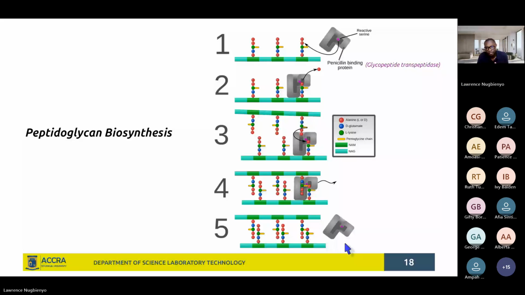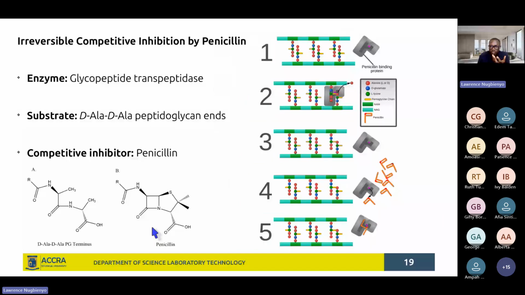Now, you see, penicillin is now being shown. You know, this orange, sort of as if it is 6 or 9. Let's say it's 9. Being shown as penicillin, which comes into the process to inhibit the enzyme.